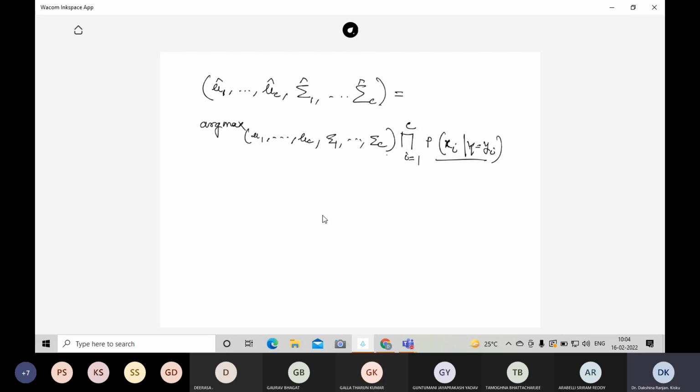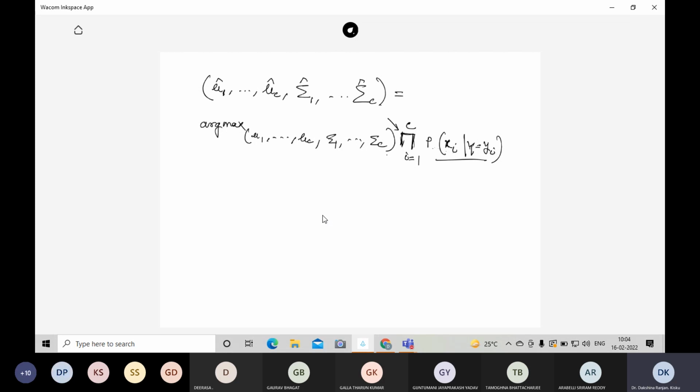We can write here the product over the likelihood p of xi given y equals yi, where yi represents the label and xi represents the data of a particular example.